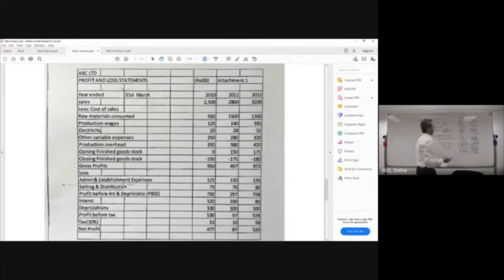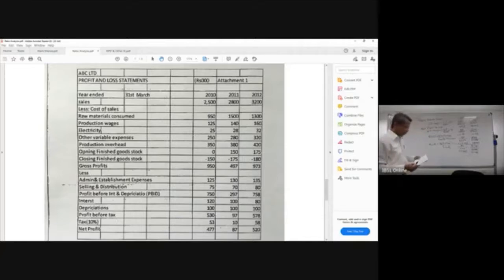You can see the difference in two years. The 2011 ratios are not good, but the 2012 ratios are very much better, because the cost of raw material was high.